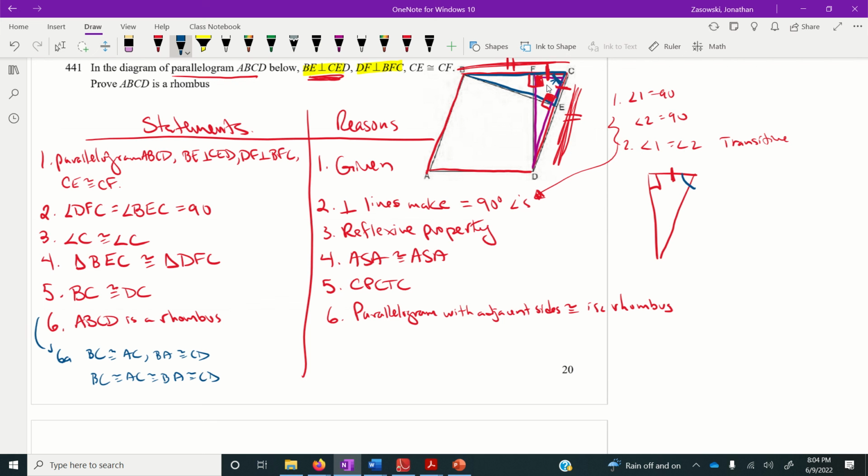That's going to be transitive. So opposite sides congruent. That's transitive. And then we can say rhombus because all sides are congruent.